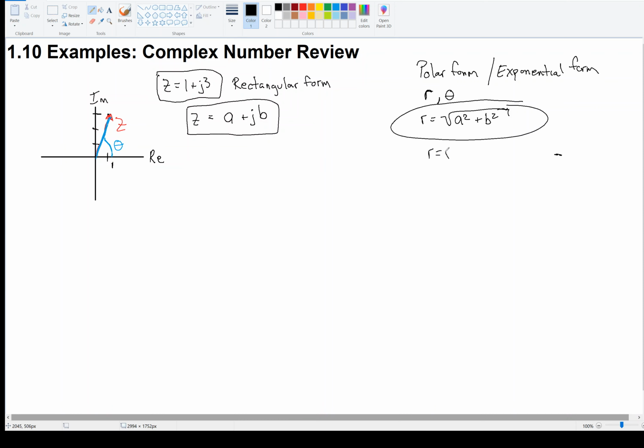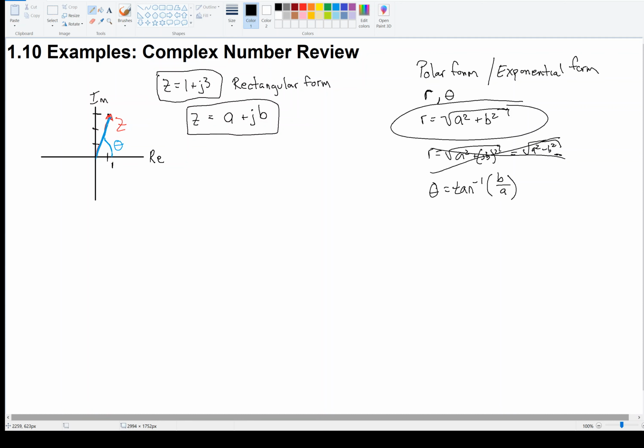If I used the j, I would get a plus jb squared, which, because j squared is minus 1, would end up being a squared minus b squared, and that's not what I want. So leave the j off in this calculation. The square root of a squared plus b squared gives me the length of that vector r, and then theta is the inverse tangent of the imaginary part b over the real part a. And again, I'm leaving off j in this calculation.